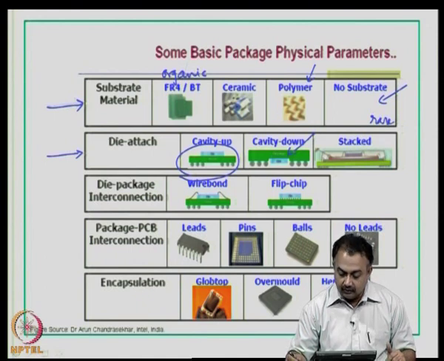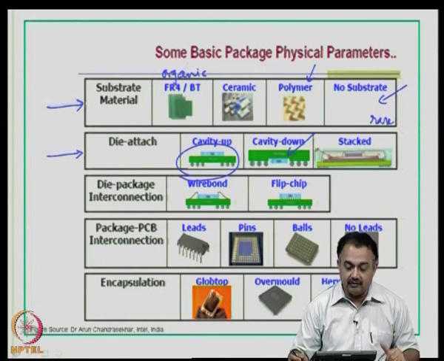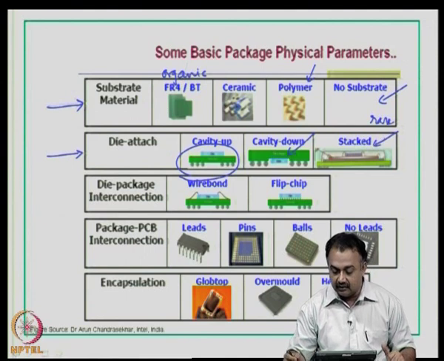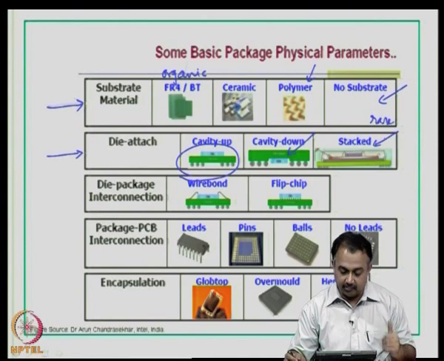This is very difficult to manufacture, in the sense that you need to create a cavity in the substrate. You could also have stacked configurations, that is, one die over the other interconnected to a common substrate.